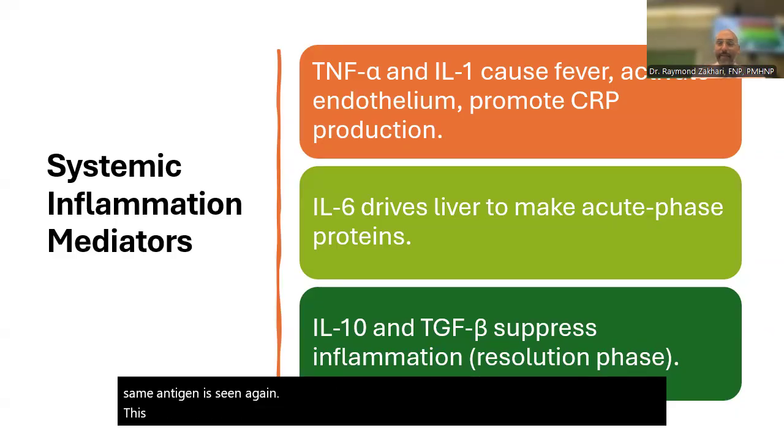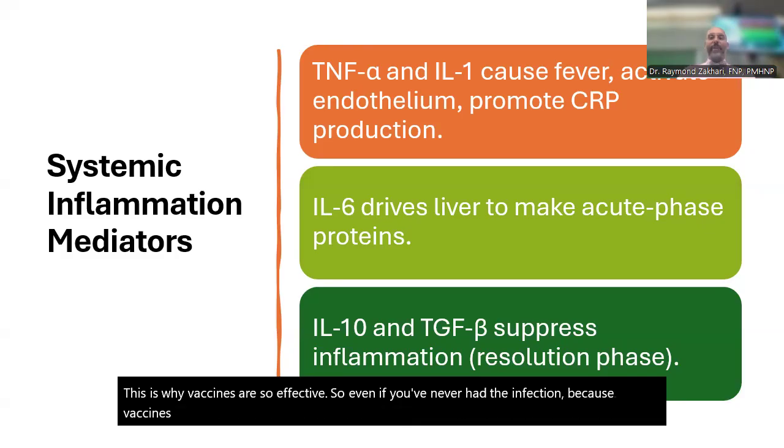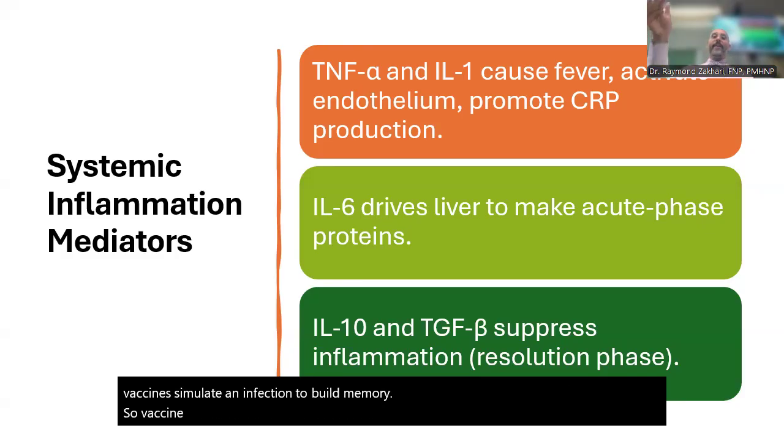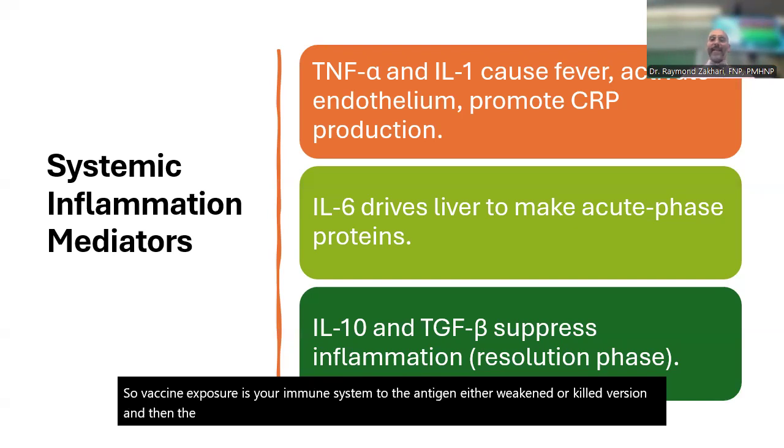This is why vaccines are so effective. Even if you've never had the infection, vaccines simulate an infection to build memory. A vaccine exposes your immune system to the antigen, either a weakened or killed version, and then the body recognizes that and is able to mount a response quickly.